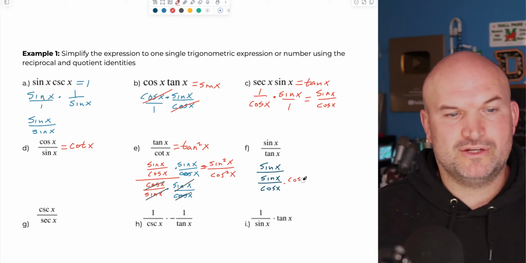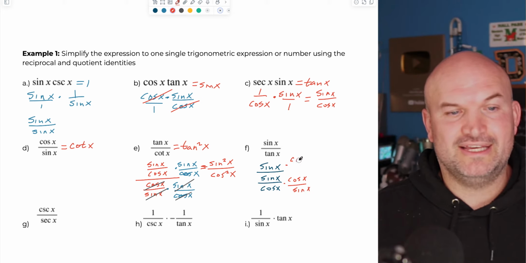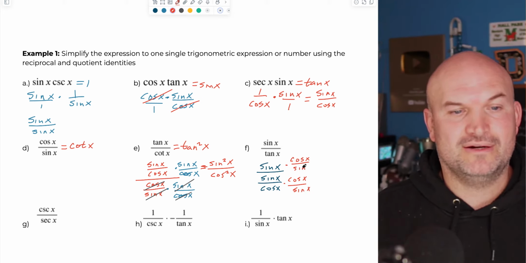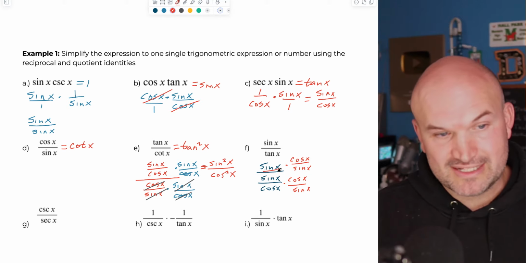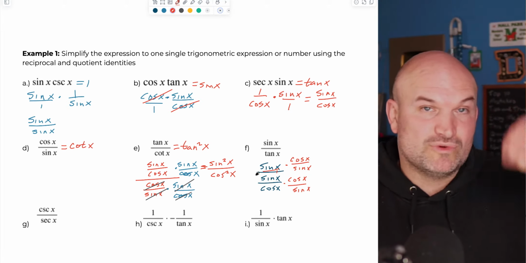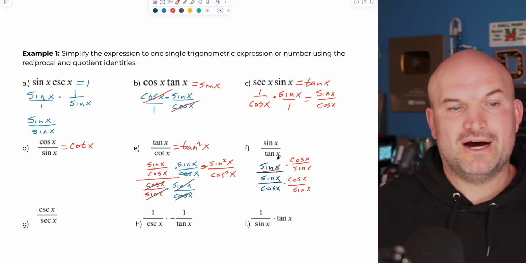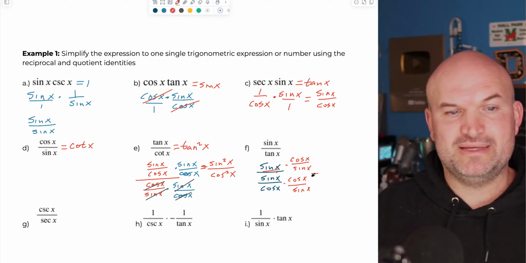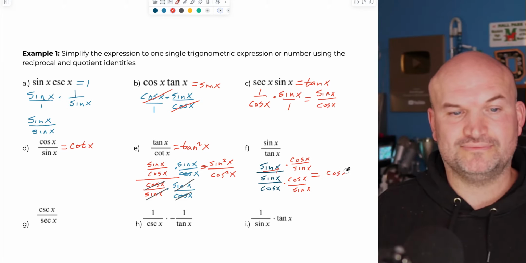So when I multiply by the cosine of x over a sine of x, it's really important to remember that the sine of x on my fraction in red is in the denominator, but my sine of x over here is typically in the numerator, right? We can rewrite that as over 1. So now, as I multiply these, I'm just going to be left with a cosine of x.